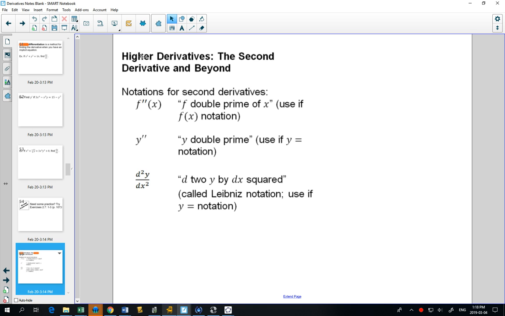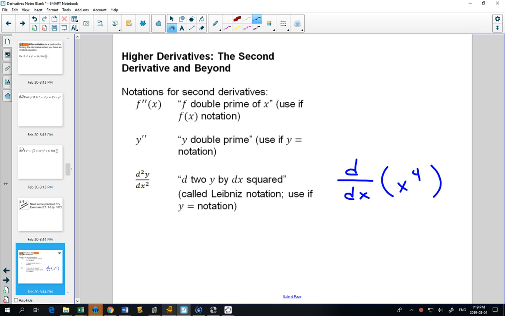And in Leibniz notation, it gets a little wacky here because it's d squared y over dx squared. So we wonder, why aren't the squareds at the same place? Well, part of the reason is, when you take the derivative of something, we've seen this notation.